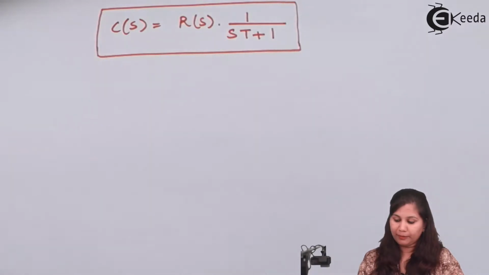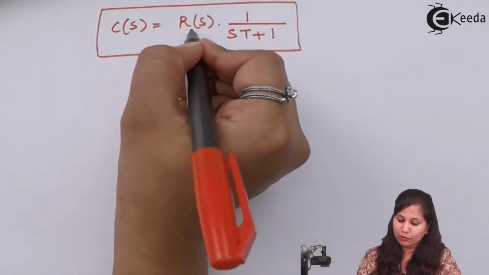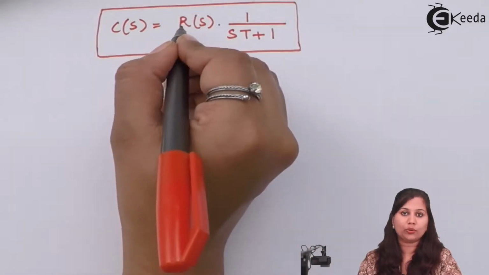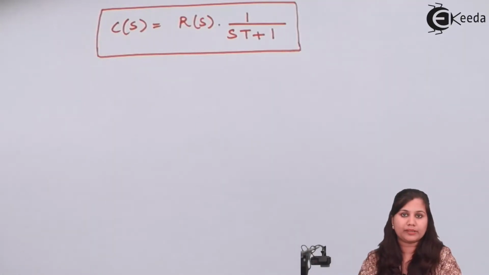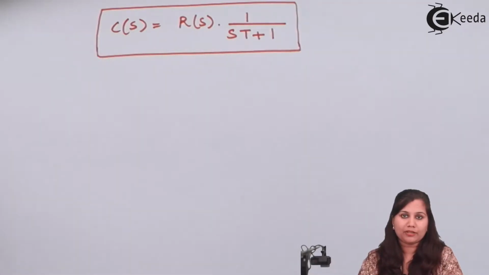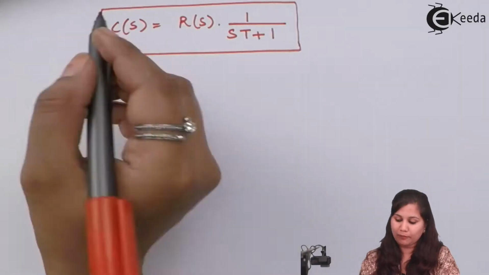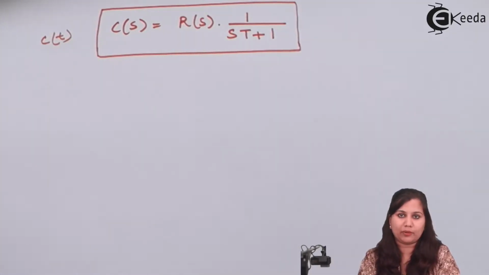Now if we apply different types of input on this first order control system, and put the value of the Laplace transform of those input test signals, then we can get the output response. The output response we will get in terms of the Laplace transform C(s). If we take its inverse Laplace transform, then we will be able to get c(t), which is the output response.